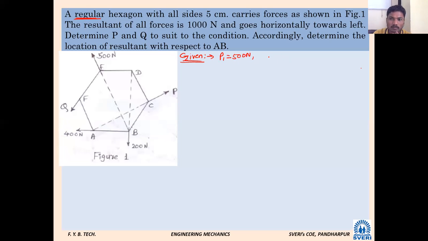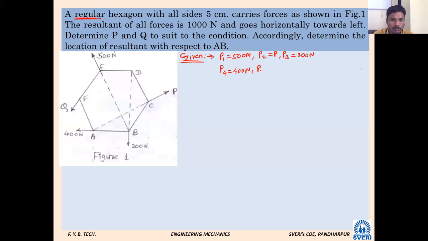P1. If you are watching the clock, don't. We are going to continue this lecture as well. So P1 is 500 Newton. For P2, we will say P. P3, I will say 200 Newton, and P3 is known. P4, I will say 400 Newton.